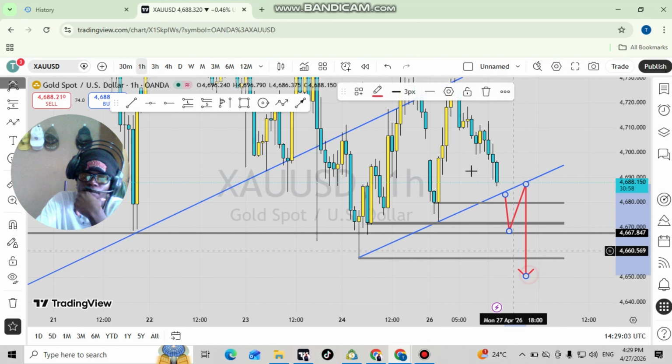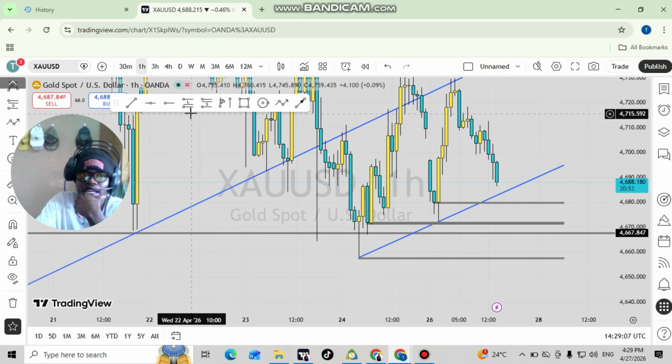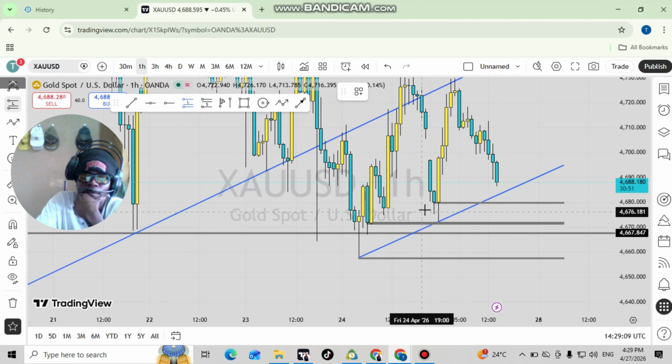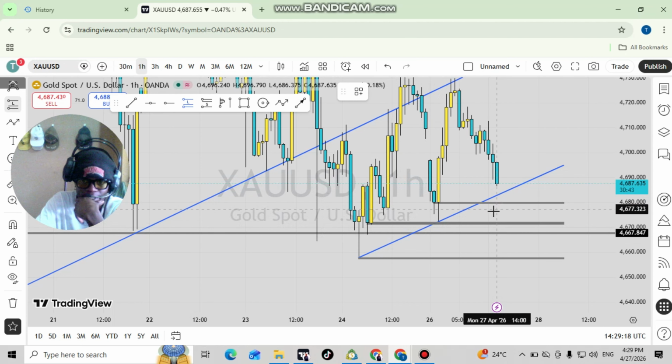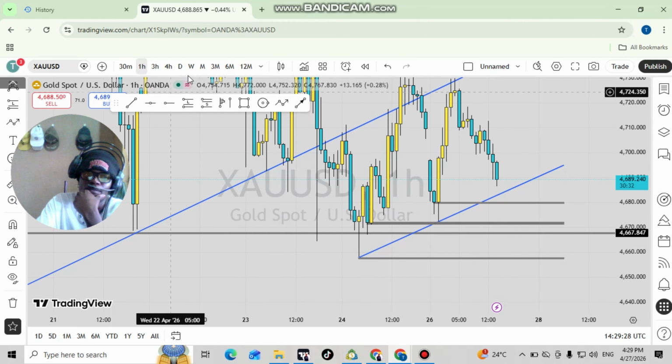But one thing I'm not going to do is enter here, because price could bounce. This is the support. Here we wait for price. If price breaks, it needs to retest, break, retest, break. If I see that pattern happening, then I'm going to enter. But as of now, I wouldn't do that.